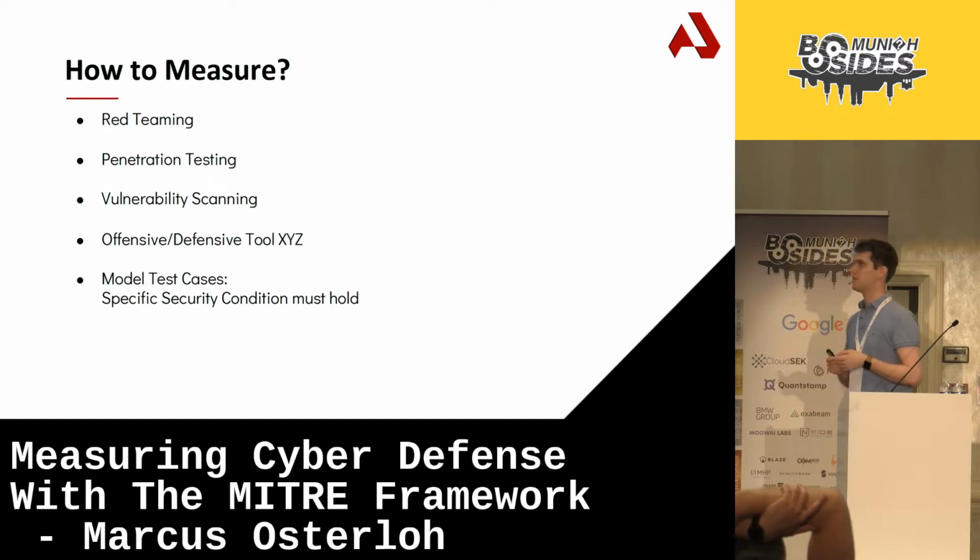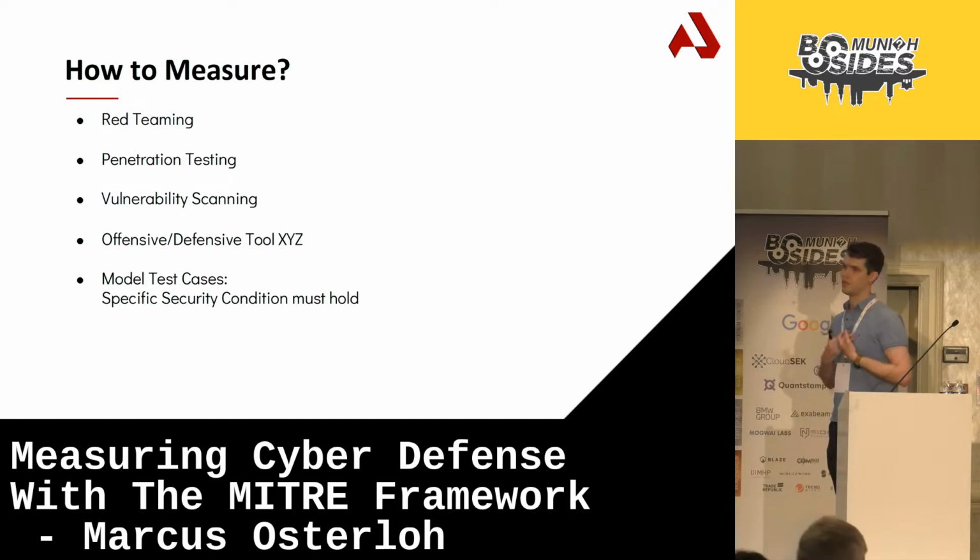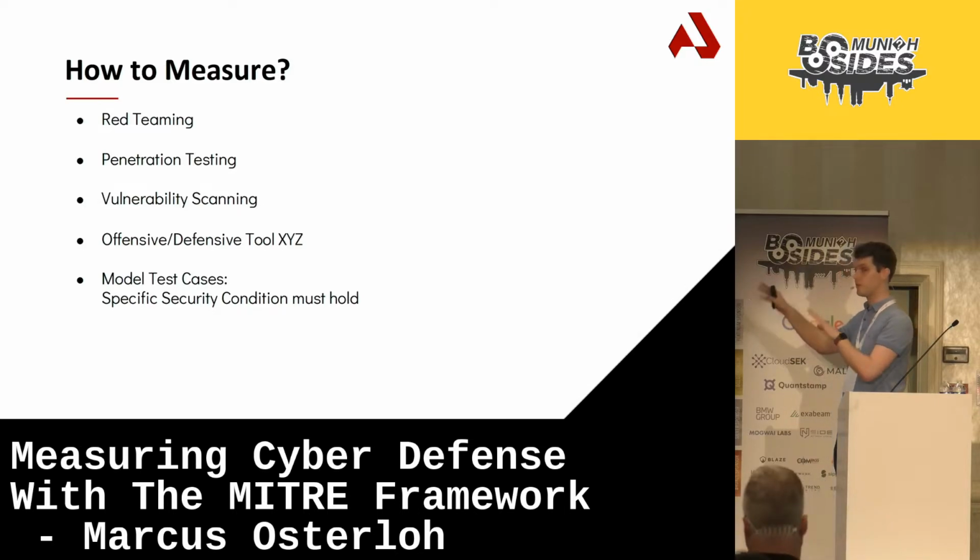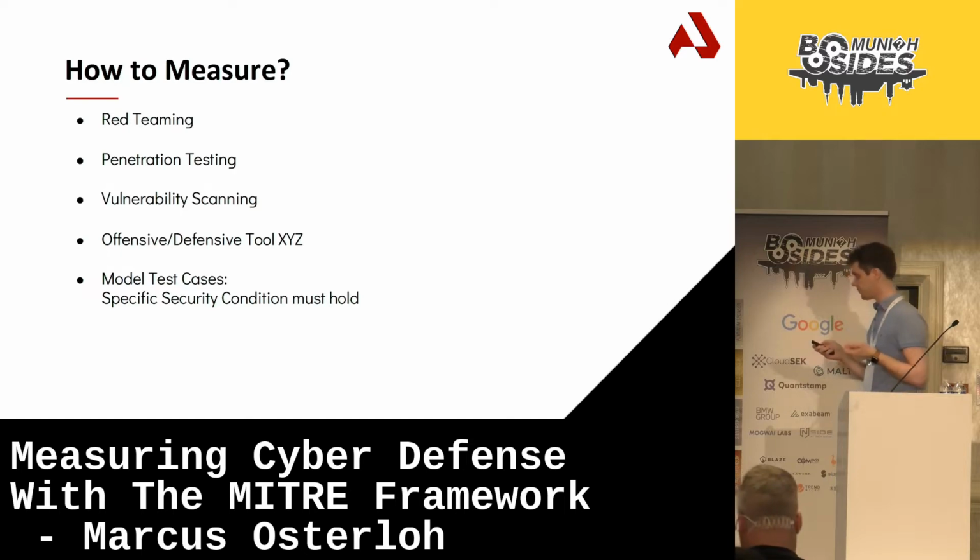But vulnerability scanning is more focused on the CVEs, so you can just patch the system and you're fine. You can measure it with that, which is good, so it might be a part of the general security program. But you can't test architecture problems with it, for instance.